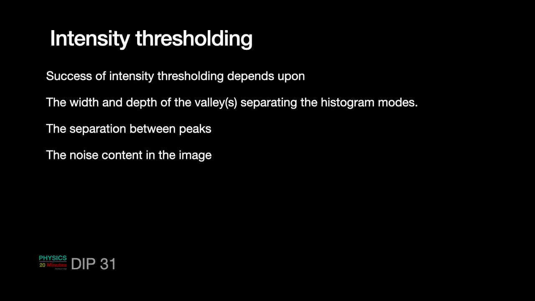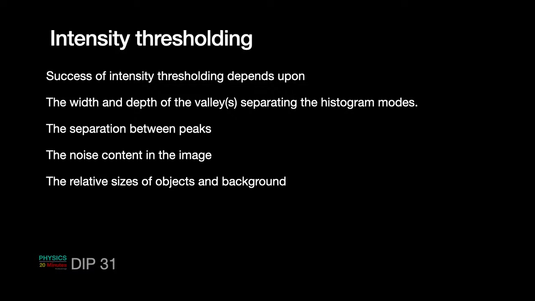Noise content of the image, I'm going to talk about it in the next two slides. If the noise is there, then it becomes challenging, and we have seen noise properties and parameters. I will recall those parameters once we talk about it. The relative size of the objects and the background is very important.